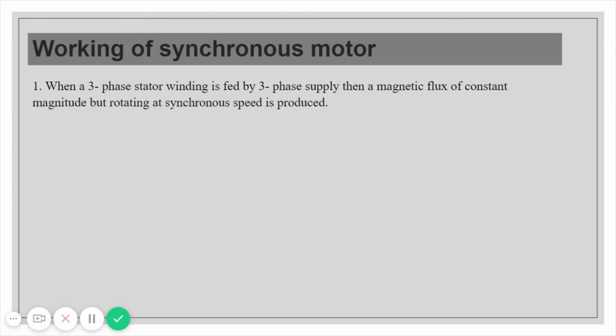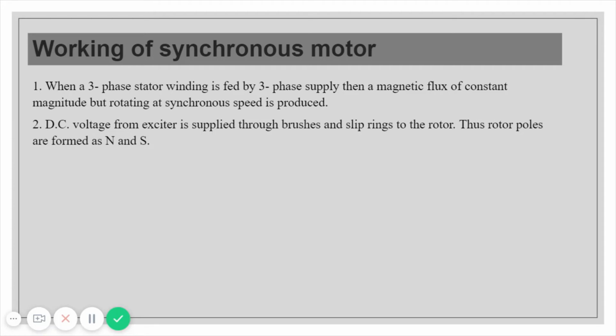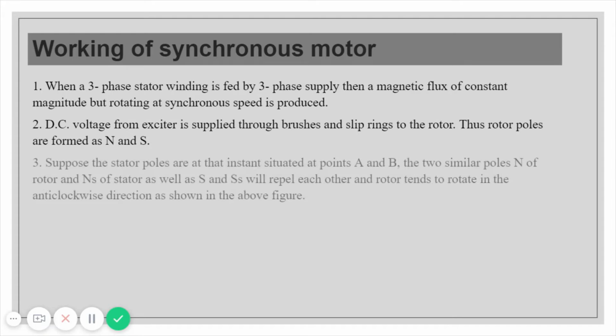When the three-phase stator winding is supplied by the three-phase supply, then a rotating magnetic flux of constant magnitude at synchronous speed is produced. And DC voltage from the exciter is supplied through brushes and slip rings to the rotor. Thus, the rotor poles are formed as N and S.